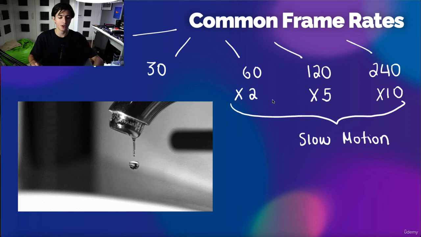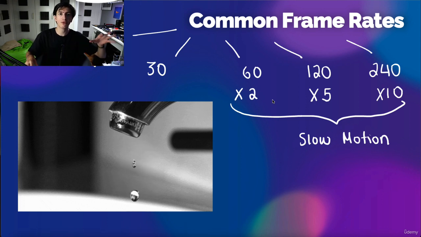Now, what is the magic here? If we shoot a video at 60 frames per second, if we do the calculus, we can have 2 times a video of 24 frames per second played during those 60 frames per second. This means that if we slow the video down by 50%, so by 2 times, it will play at 30 frames per second.